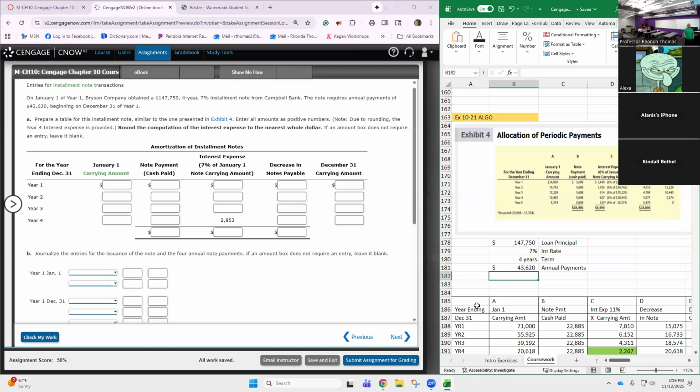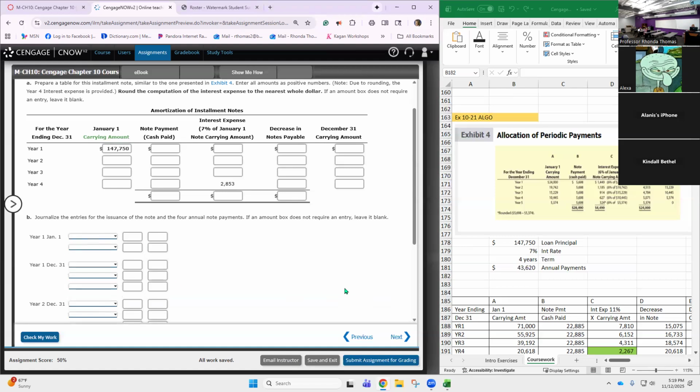So we're going to prepare this table. The first amount we're going to put in right here is the full amount of the note. Year one starts with however much we're borrowing. So let's put it in. How much are we borrowing? We are borrowing $147,750.